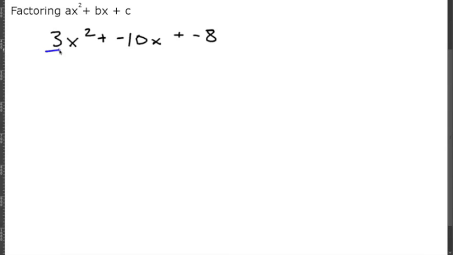Our a is 3, our b is negative 10, and our c is negative 8. So we need to find numbers that add to give us negative 10, and numbers that multiply to give us 3 times negative 8, or a times c, which is negative 24.